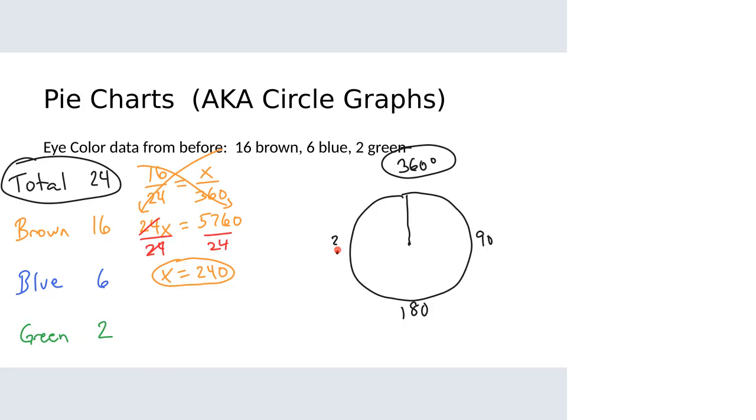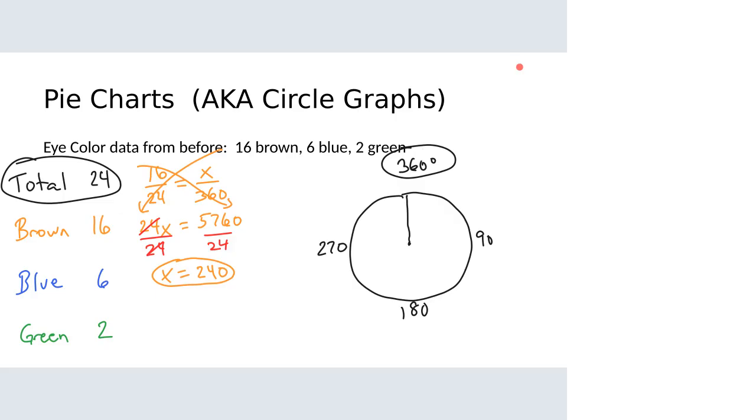It's 180 plus another 90 to get there. Summer is dialed in. Very good. That's going to be 270 over there. And so essentially what I've got here is, this is where 90 would be, this is where 180 would be, this is where 270 would be, and then when I make it all the way around, that's where 360 would be.